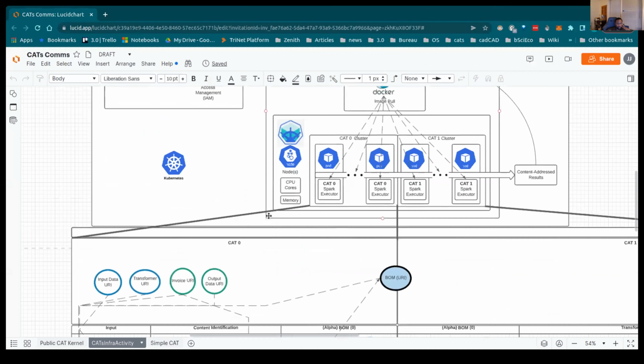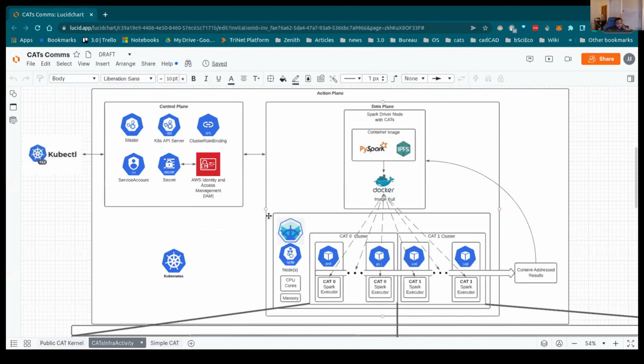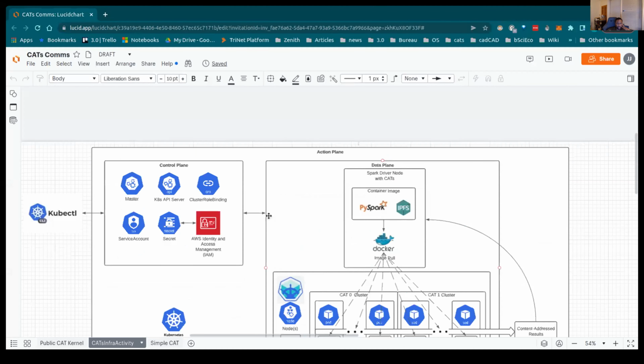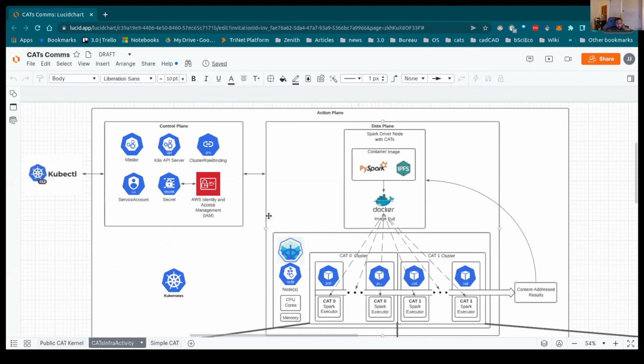Okay, so I just want to explain the demo before I demo, just to tie it all together. I'm using kube control in order to monitor execution. This control plane, the service, the secret, identity and access management is in Terraform.